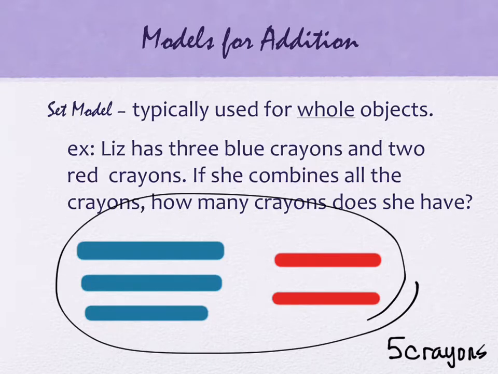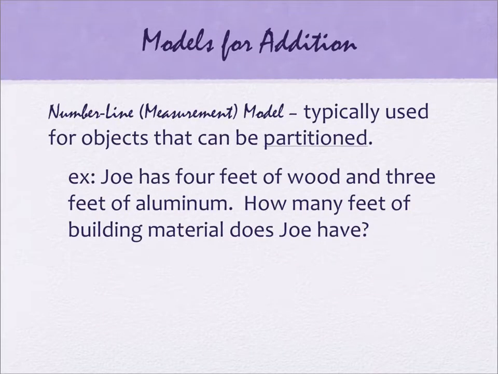Well, the other model actually has something where it matters how big the object is. This is a number line or a measurement model. And it's typically used for objects, even when you're talking about whole numbers, it's still objects that can be partitioned. For example, Joe has 4 feet of wood and 3 feet of aluminum. How many feet of building material does Joe have?